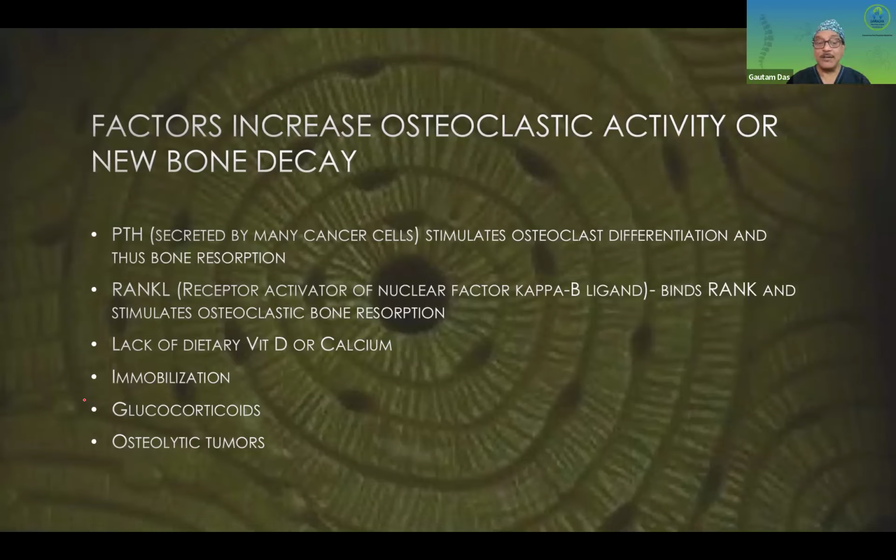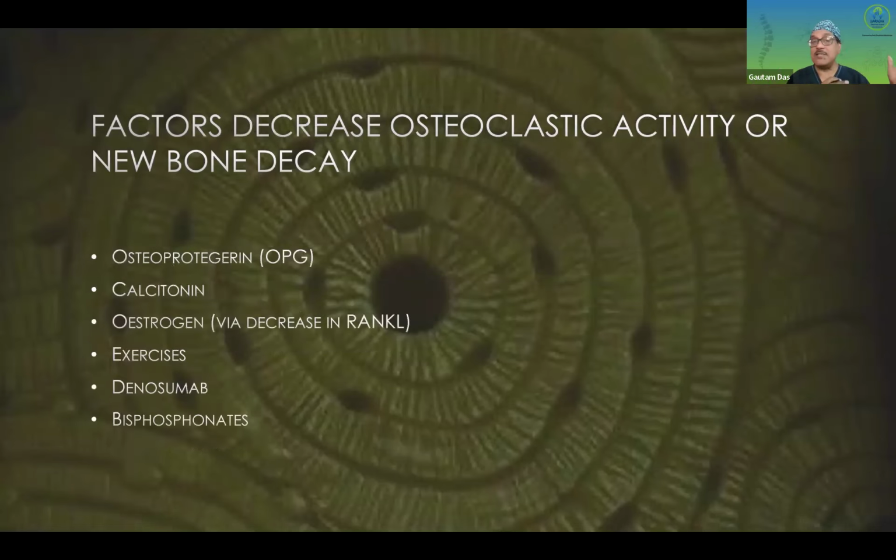Other therapeutic agents like glucocorticoid hormone, or drugs with glucocorticoid-like activity, can cause more Rankel formation and more osteoclastic activity. Osteolytic tumors act in the same way as parathyroid hormone secreted by the cancer cells, right? So these are the pathological conditions which cause increased osteoclastic activity.